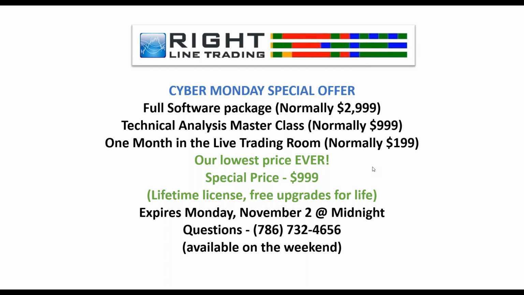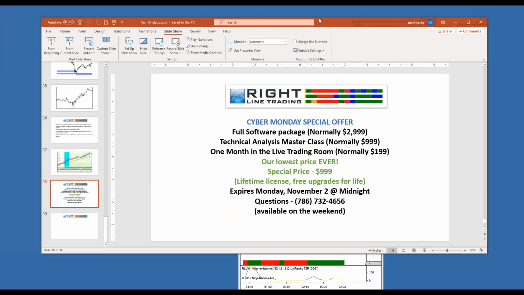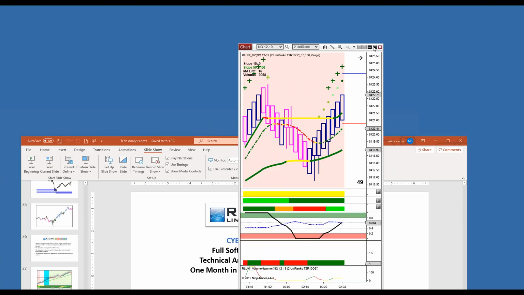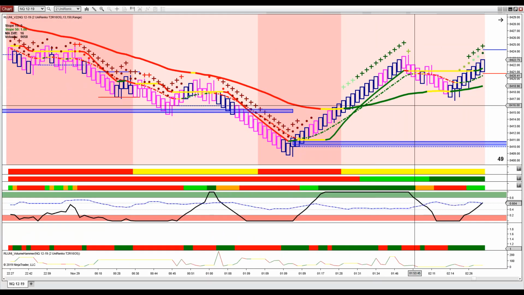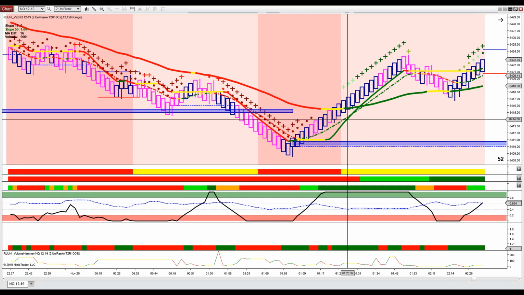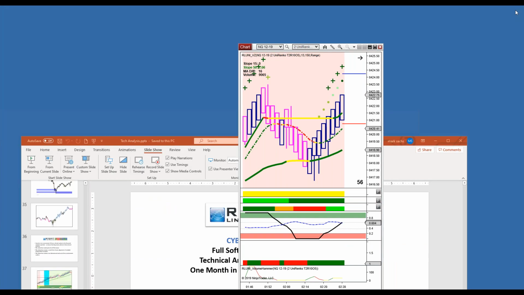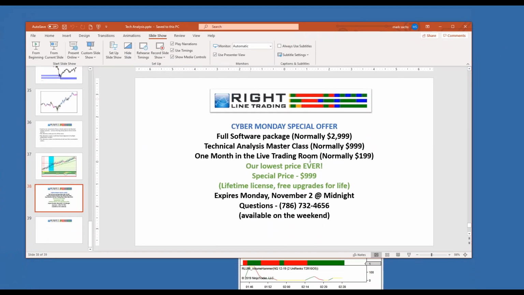What the scanner does is it looks at all the independent variables that are present on a chart. It looks at the quant, the Laguerre, the background, and it'll give you a buy signal when you've got all that alignment. You're going to have to call us and I'll talk to you about it, but we do have a scanner. I just didn't include it in that package.